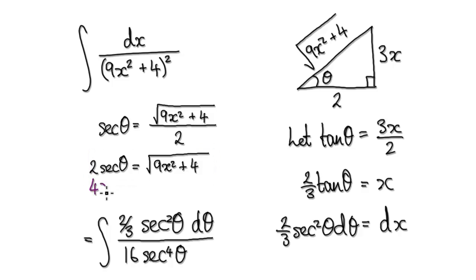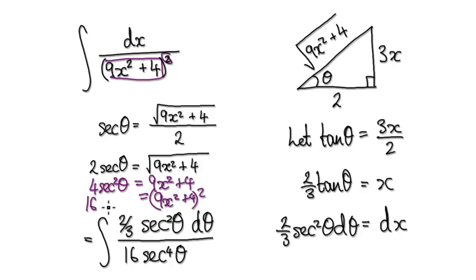So that will then give you secant squared theta equals 9x squared plus 4, and then we want this thing squared, so let's square the whole thing again. So that will then be this. So this will be 16 secant to the power 4 theta.